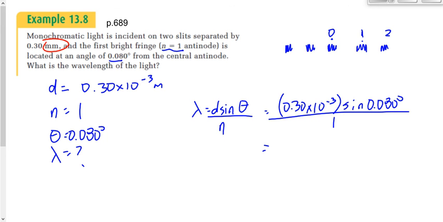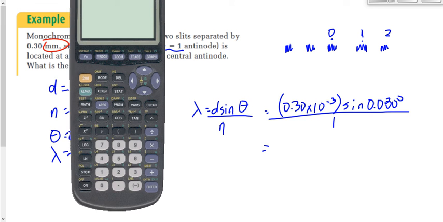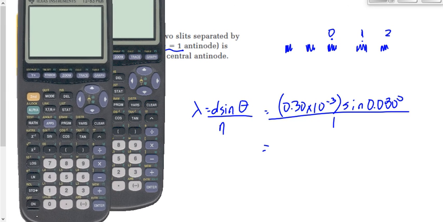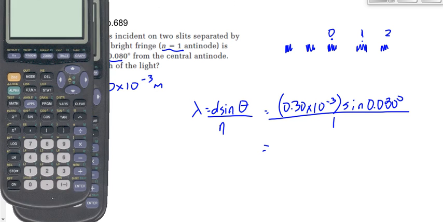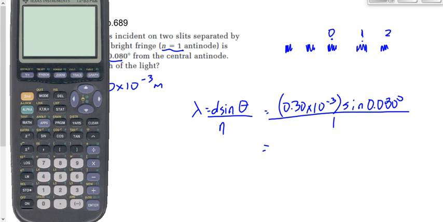Okay, let's figure out exactly what this is now. Let's figure it out on just one of those calculators here.